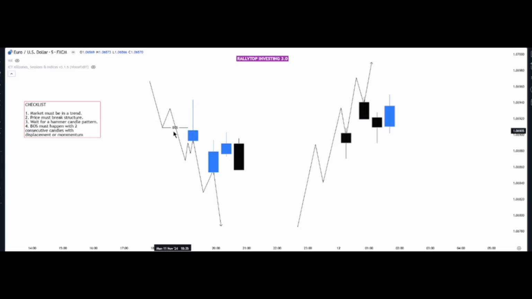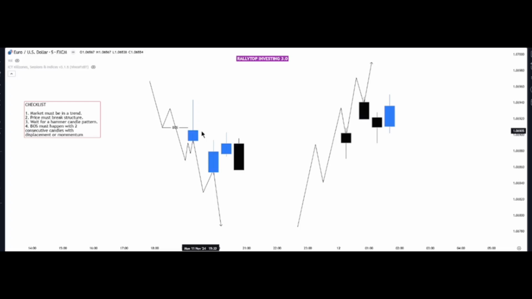Number four, after price has broken structure, wait for price to retrace, and then you will find this candle pattern. Take note of this candle pattern. Train your eyes to identify this candle pattern. This candle pattern is known as either hammer candle pattern or shooting star candle pattern. This is what you want to see.